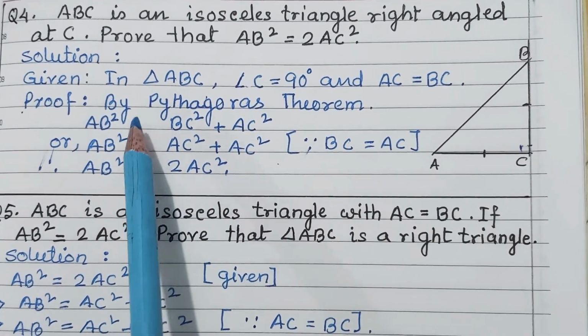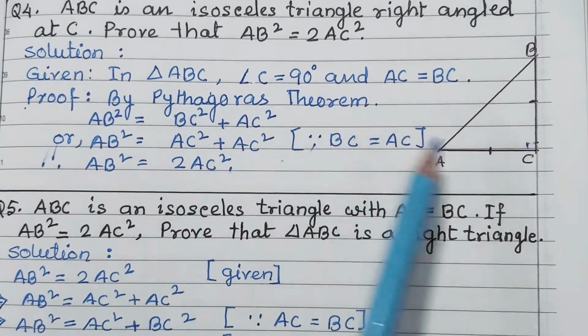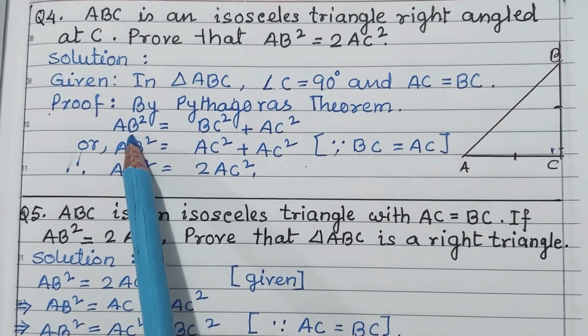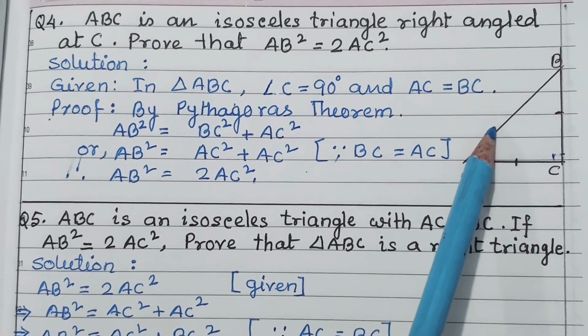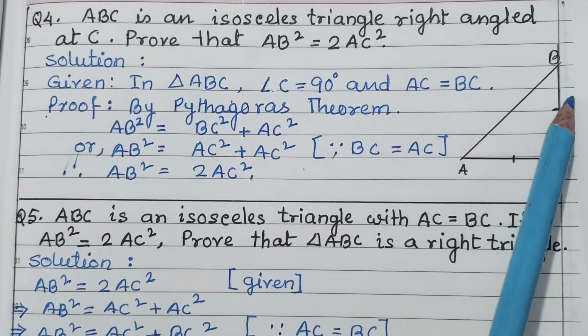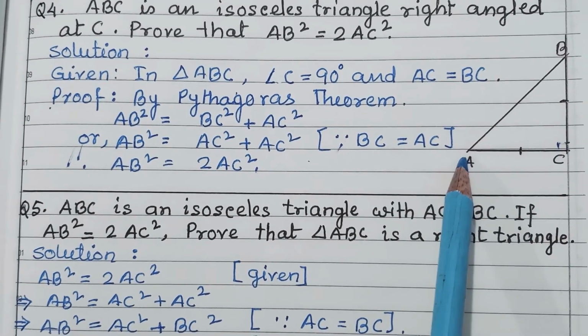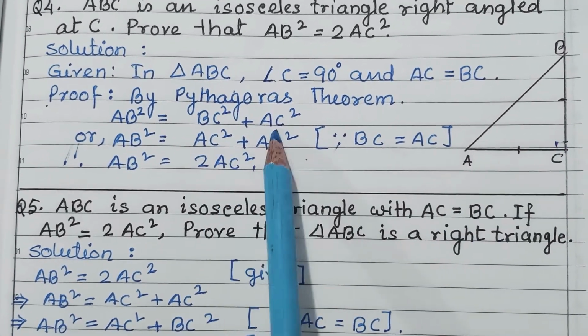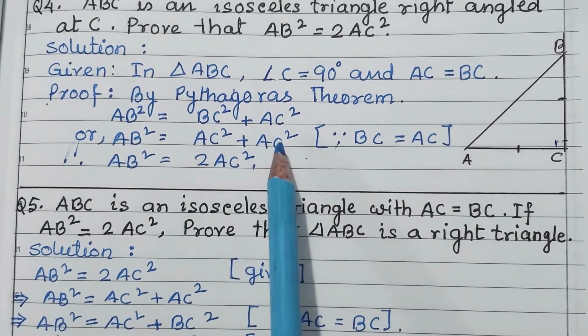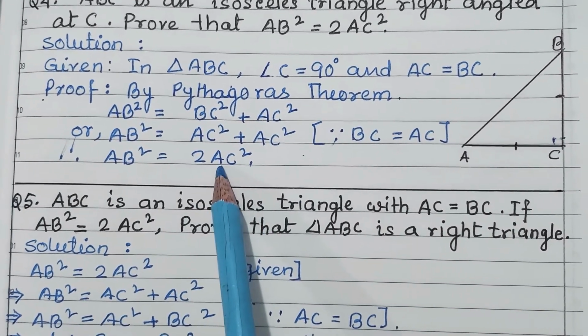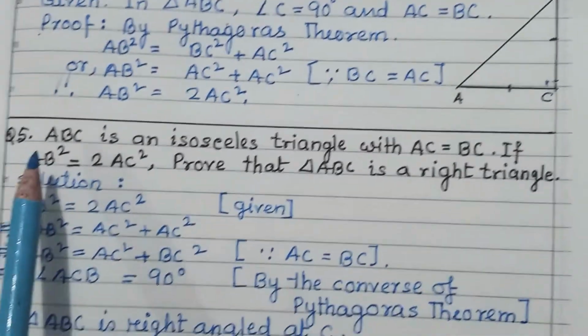Now by Pythagoras theorem, as it is right angled, AB square, the hypotenuse square, is equal to BC square plus AC square. And BC is equal to AC, so we can write it as AC square plus AC square, which is 2AC square. Proved.